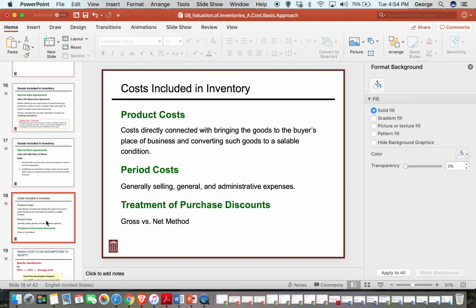We don't know if we're going to take that or not, so with the gross method we would record the discount when we take the discount. With the net method, record the discount as soon as you buy the item, record the inventory at a lesser price. And then if we have any discounts that we don't take, we'll have a discounts lost account, which is kind of like a performance measurement account.